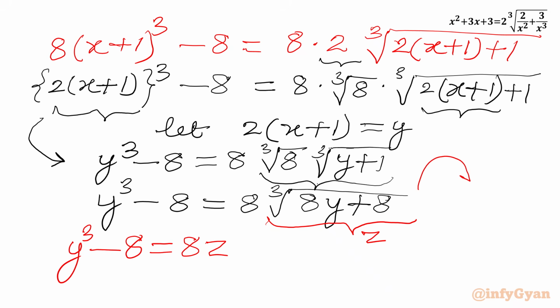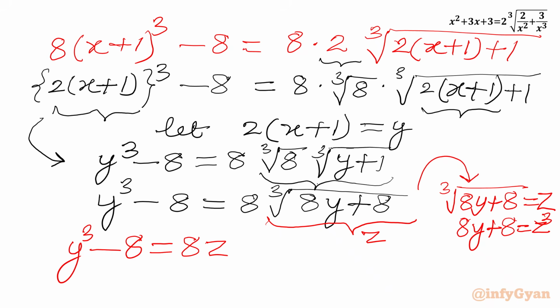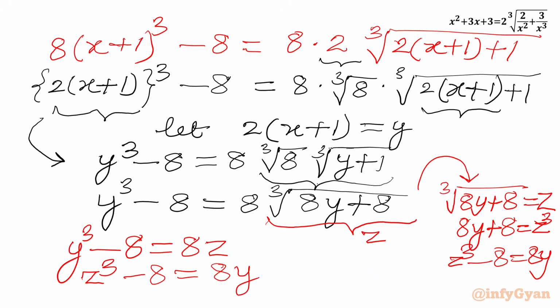From this substitution itself, I can write cube root of 8y plus 8 equal to z. After cubing both sides, 8y plus 8 will become z cube. I will subtract 8 from both the sides and get z cube minus 8 equal to 8y, which we will write here. Z cube minus 8 equal to 8y.